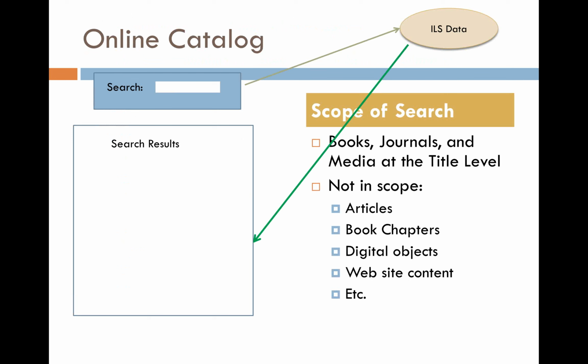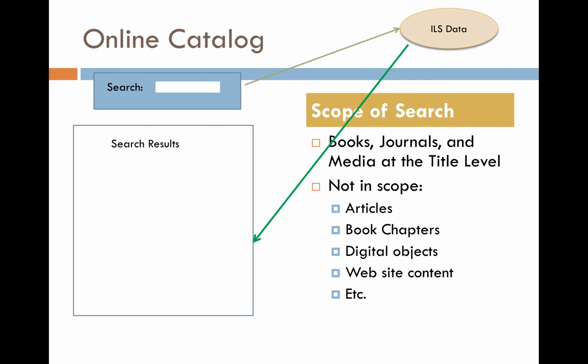When you think about the typical online catalog that an academic library might have on its website, if it's the online catalog module of its integrated library system, is it the best front door to the library's collection and the services related? What's in scope and what's not? It's essentially just a catalog of the MARC records that are managed by the ILS, and that increasingly is just such a small part of what libraries consider in their collections.